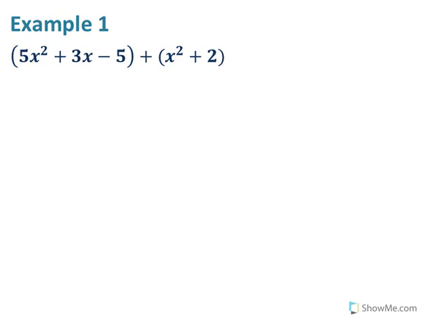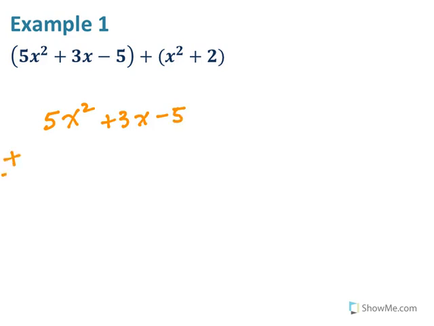So here's example 1 on adding polynomials. One strategy is to line up the polynomials like you would do regular long addition. So we have 5x squared as our first term plus 3x minus 5.